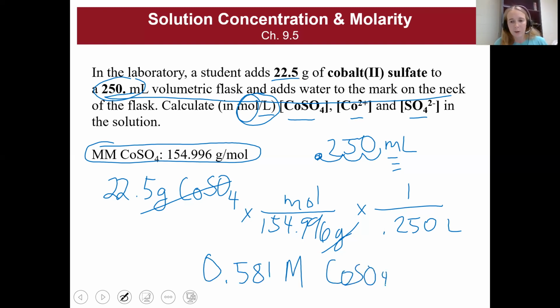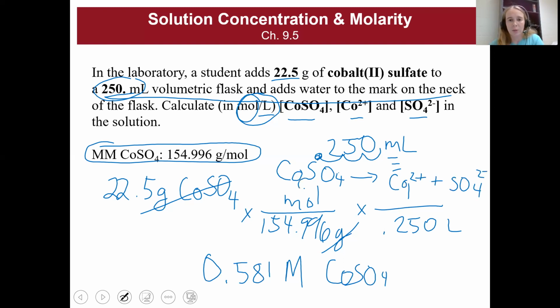And if we want to find out the concentration of the ions, we want to write out our equation for the dissociation. This is soluble because we just made a solution out of it, so we know that it's soluble. It is an ionic compound that is soluble, so it dissociates 100% in solution, and we end up with cobalt 2+ and sulfate 2-.